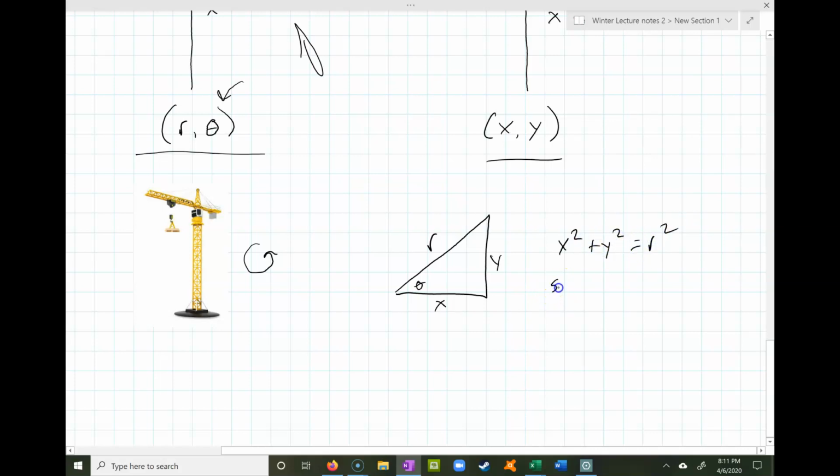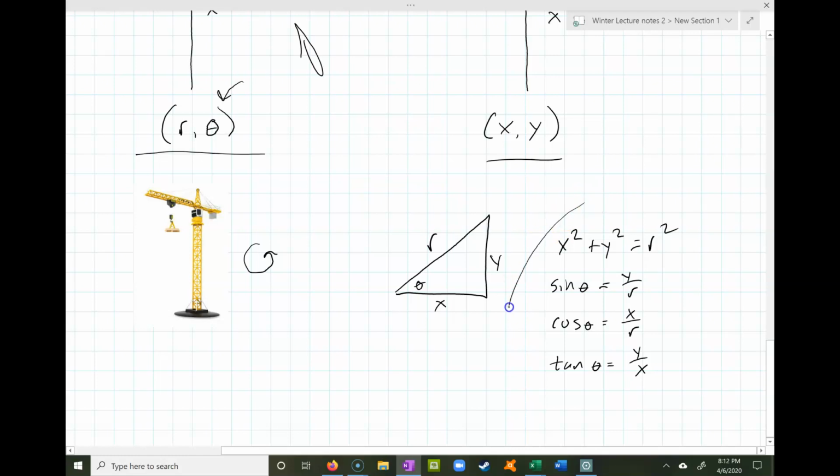And you know that sine of theta is equal to opposite over hypotenuse, or cosine of theta is equal to adjacent over hypotenuse, or tangent of theta is equal to y over x.